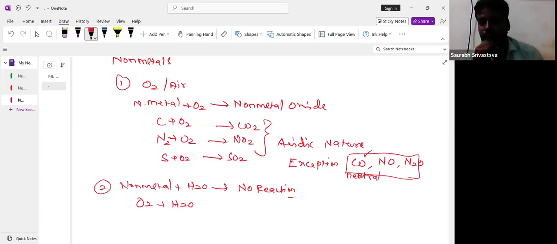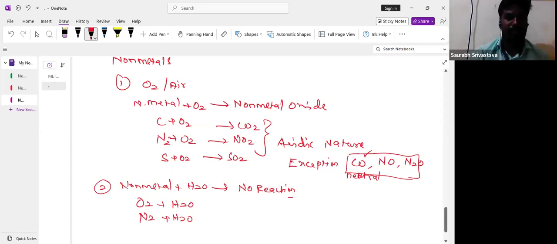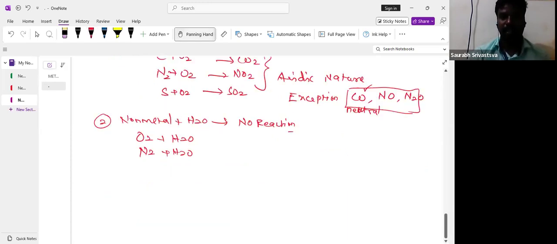They would not be able to survive. So oxygen won't react with water, it will dissolve in water, that means it is mixed with water. And nitrogen is also mixed with water. Dissolving is different and reacting is different. Correct, no sir?